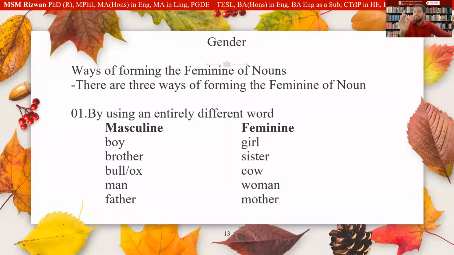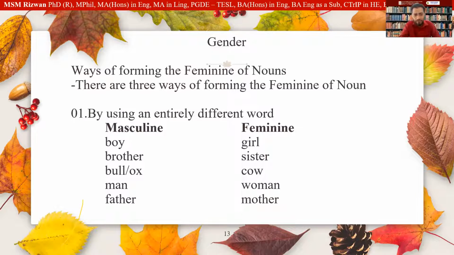The first one is by using an entirely different word. You see the word boy as masculine and we use girl as feminine. Those two words are totally, entirely different. So entirely different words are used to form the feminine of nouns in the English language. So I see boy, girl.